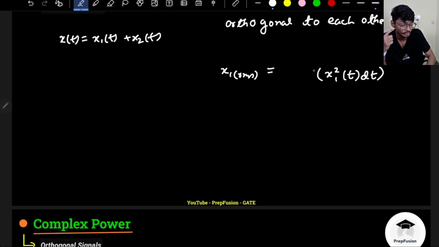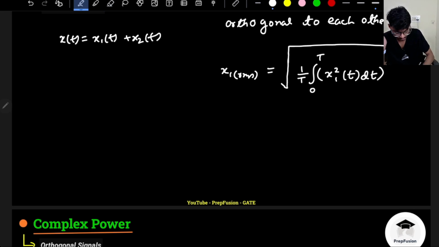Then you take the mean, so integrate from 0 to T times 1 by T. Then you take the square root. This is the RMS value of x1 of t.